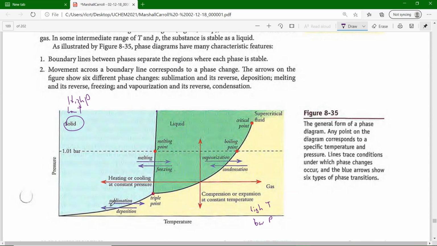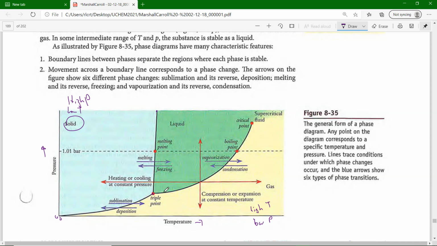This curved line here, we have sublimation, from here's 0, 0. Sublimation: as we increase the temperature, temperature increases as we go this way, pressure increases as we go up. Along this line you have an equilibrium between the solid and the gas, and going the other way, deposition from the gas to the solid.